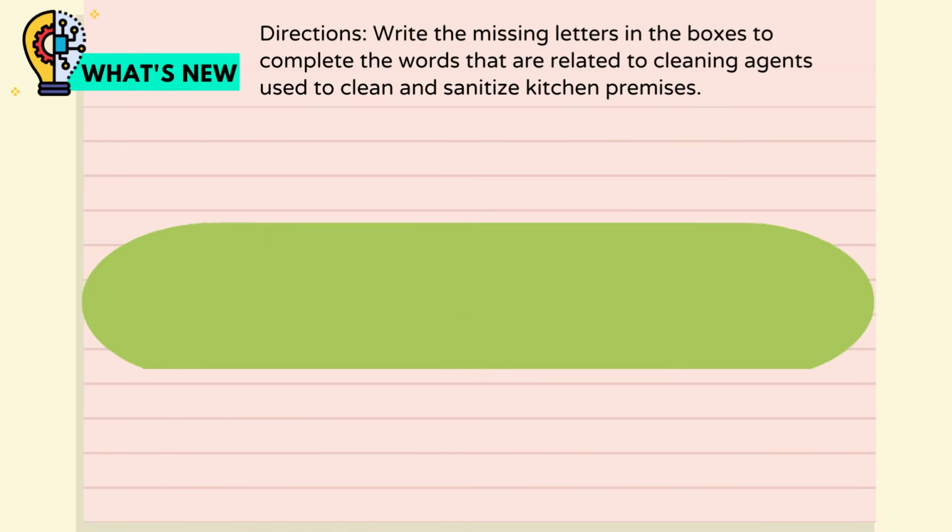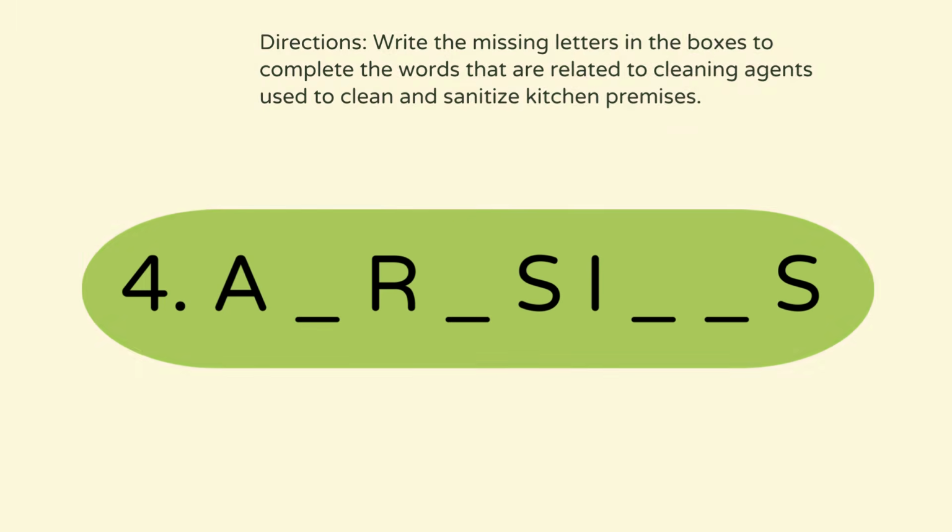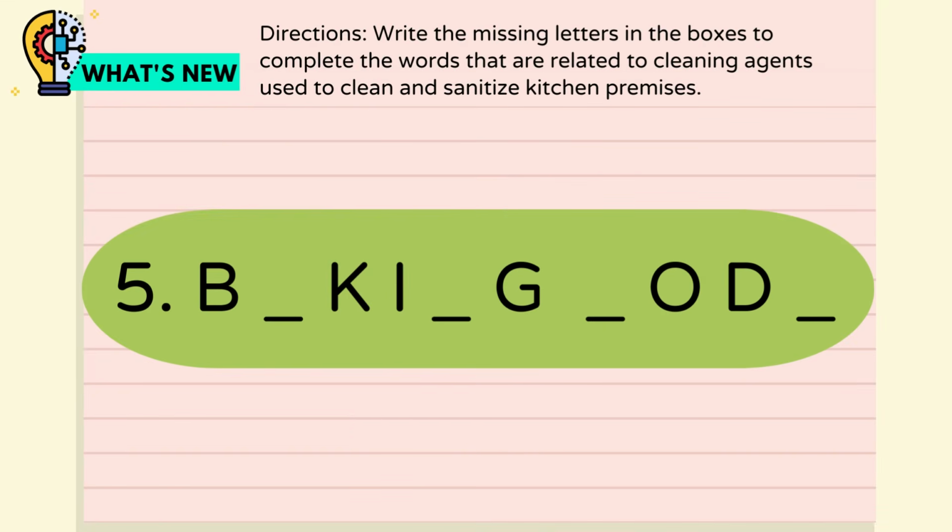Now let's try number 4. This cleaning material is used for cleaning enamel and ceramic surfaces. Can you guess what it is? If your answer is abrasives, then you're correct. Let's try the last one.